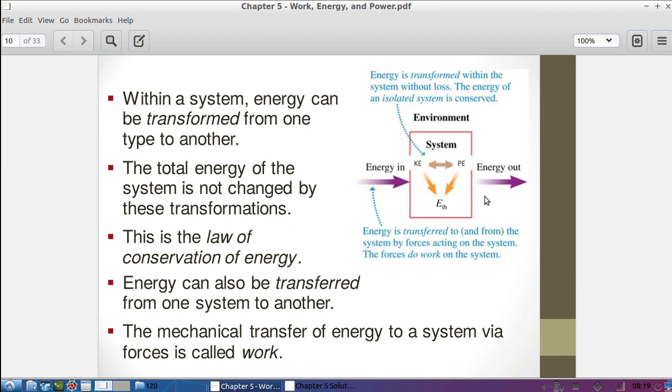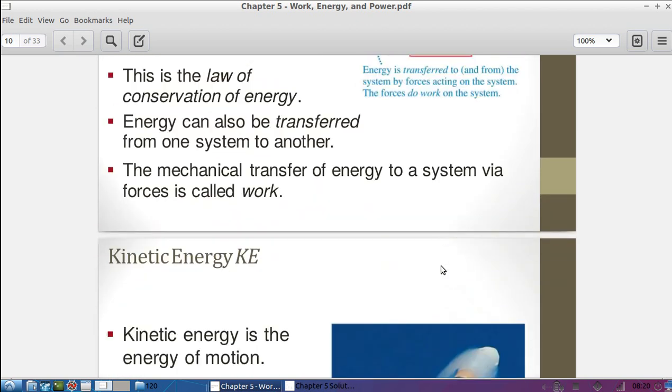The way we transfer energy into or out of a system is by doing work. Work changes the energy of the system. If there is no work done, energy doesn't change, energy is conserved. Those are the basic two scenarios we're going to deal with for the rest of chapter 5.